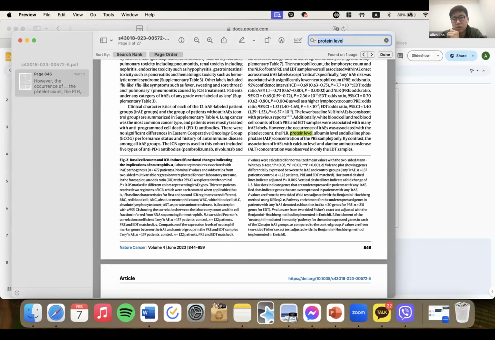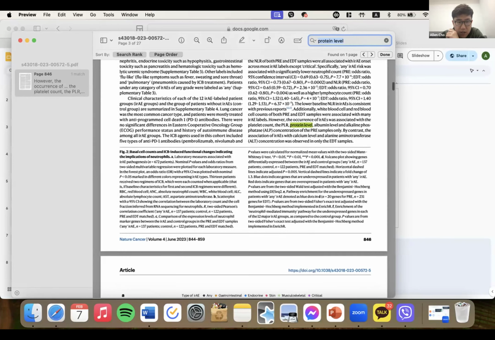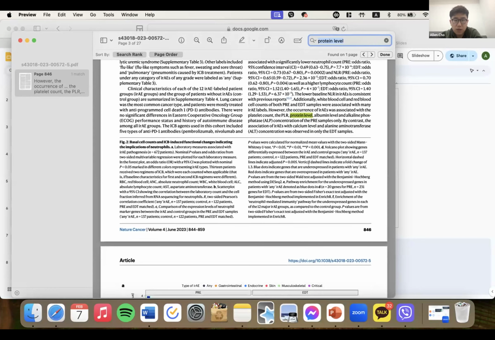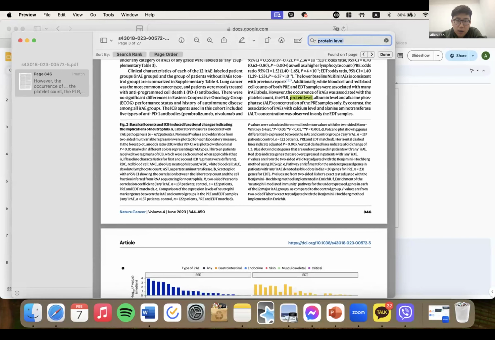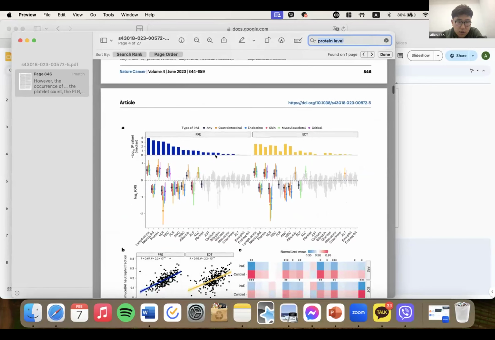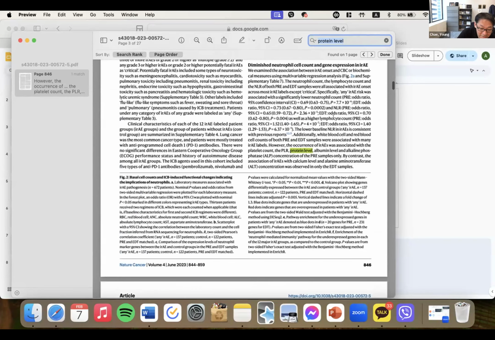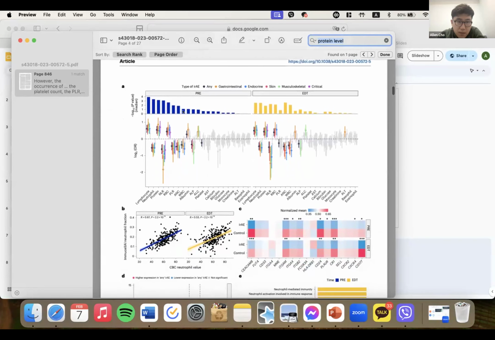It just says they were associated with the occurrence. Maybe go down that graph. PLR is platelet lymphocyte ratio, so that's negative. Platelet's negative too.